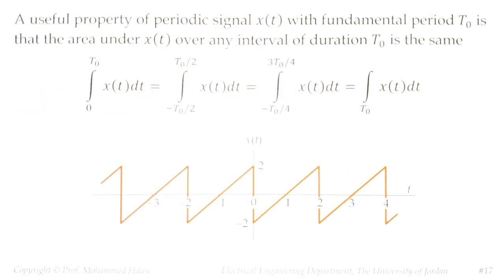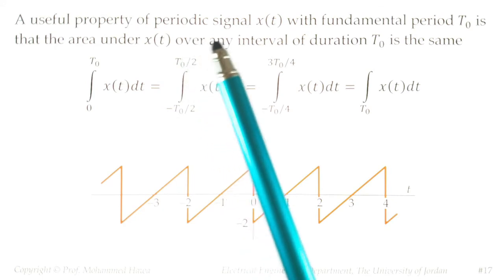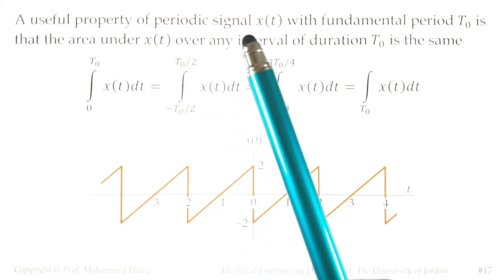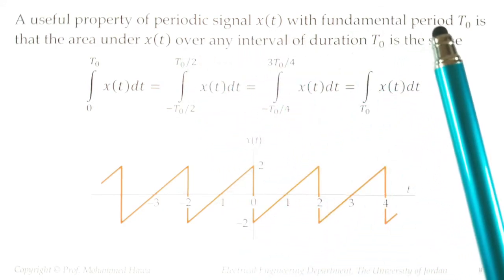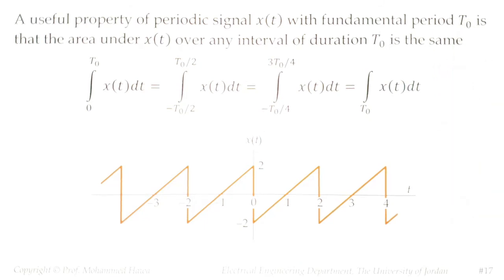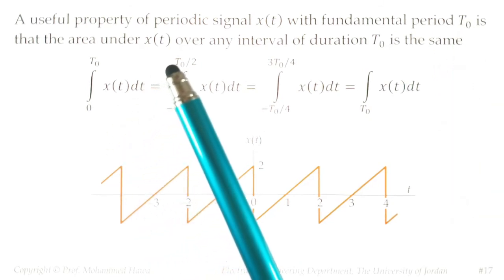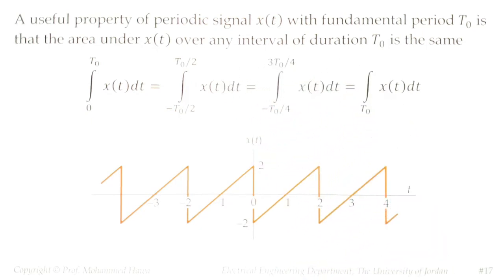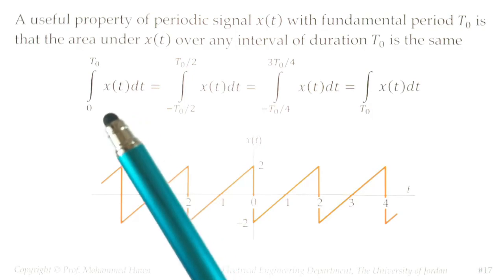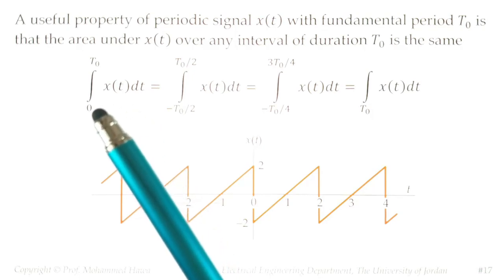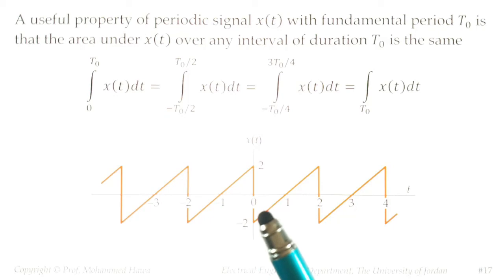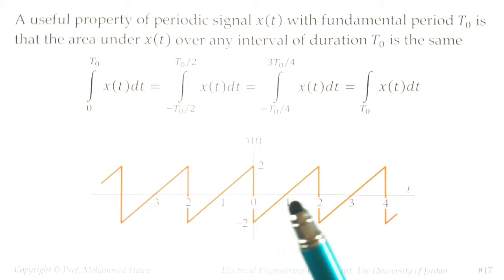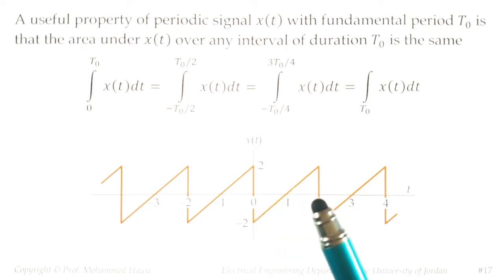Something to keep in mind, a nice property of periodic signals x of t is that when you're doing an integral over the fundamental period T0, you have some flexibility because the area under x of t over an interval of duration T0 is the same no matter where you start. For example, if I have this x of t and I say to you guys, let's find the area under this periodic signal from time 0 to time T0 over this period, in this case, 2 seconds.